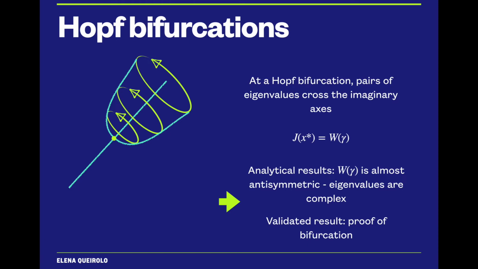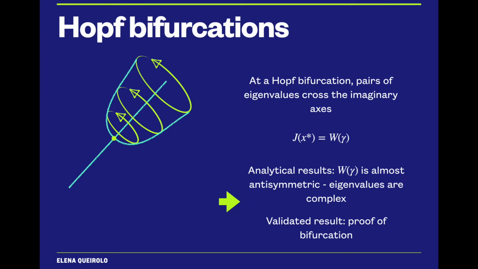This is why, from a mathematical perspective, the introduction of the perturbation term is very important, because it allows us to scatter the points at which these eigenvalues cross the imaginary axis. With no perturbation, we would have a very degenerate Hopf bifurcation in which we would have many imaginary eigenvalues crossing.